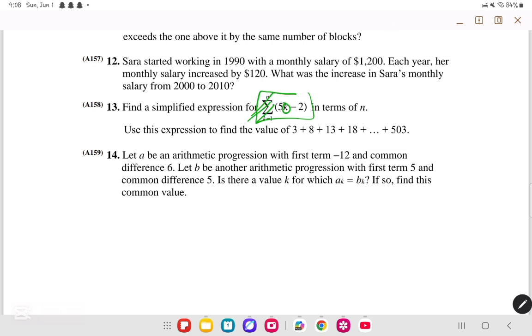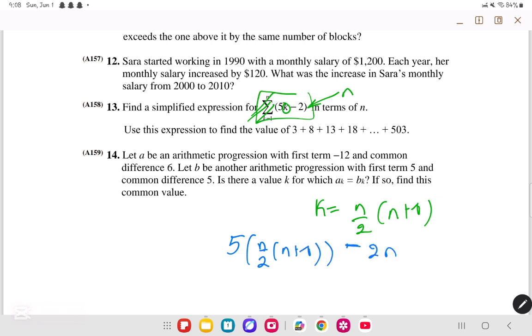But I will substitute the value of k with the equation of the sum, which is n over 2 times n plus 1. And next to any constant number, any number that does not have a variable next to it, I will just place n. So for example, it's going to be 5 times n over 2 times n plus 1 minus 2n. After solving, it will become 2.5n times n plus 1 minus 2n.